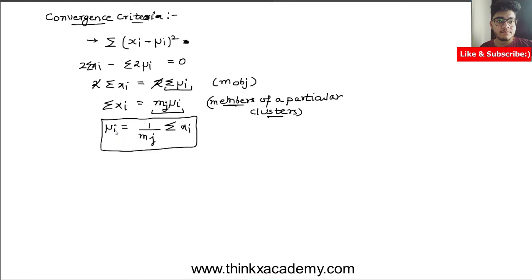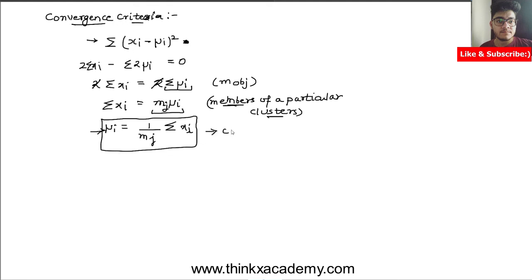Now this equation that we have got: whenever the center of any cluster will be equal to 1 upon mj, where j is the member of a particular cluster, and we find the sum of all the objects, if this is equal, we can say that now the convergence criteria is met.